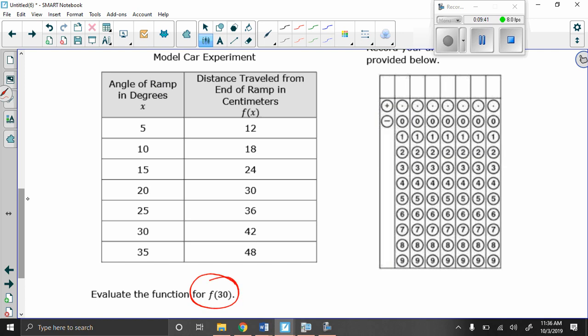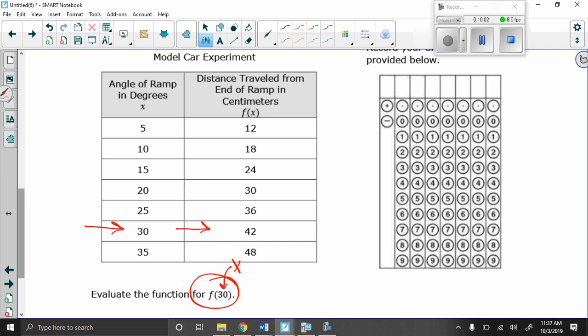So f of 30. If we remember, inside of the parentheses is going to be our x value. So on this table, I'm going to find 30. And then that means I want its corresponding value that goes with it.